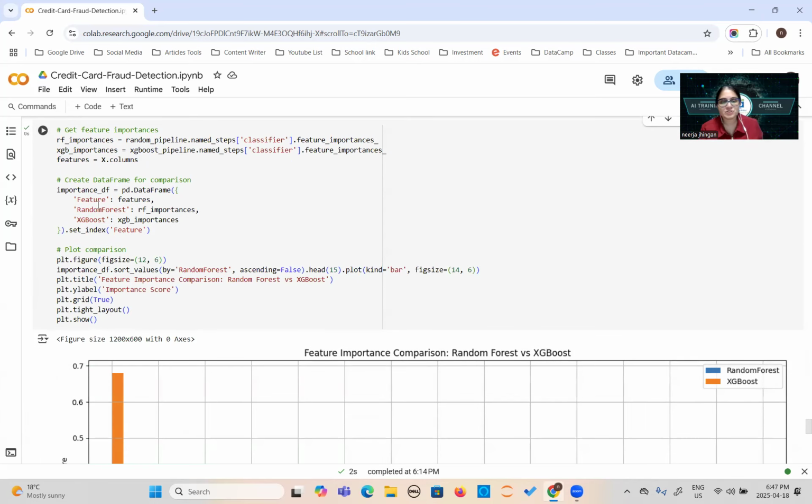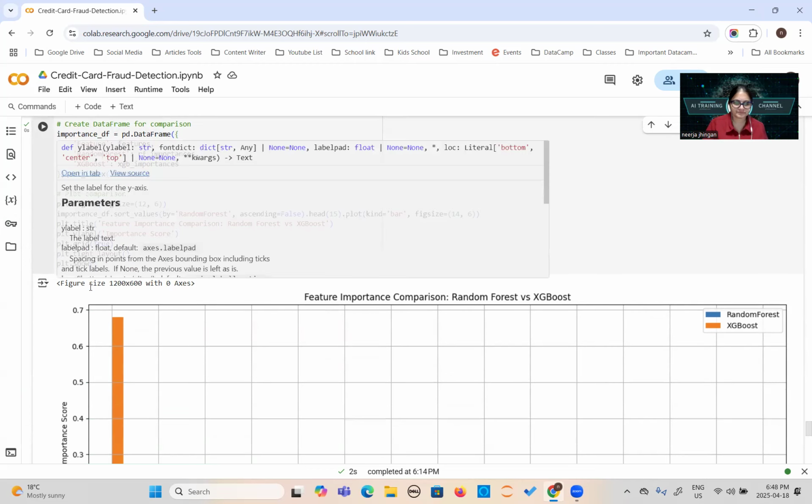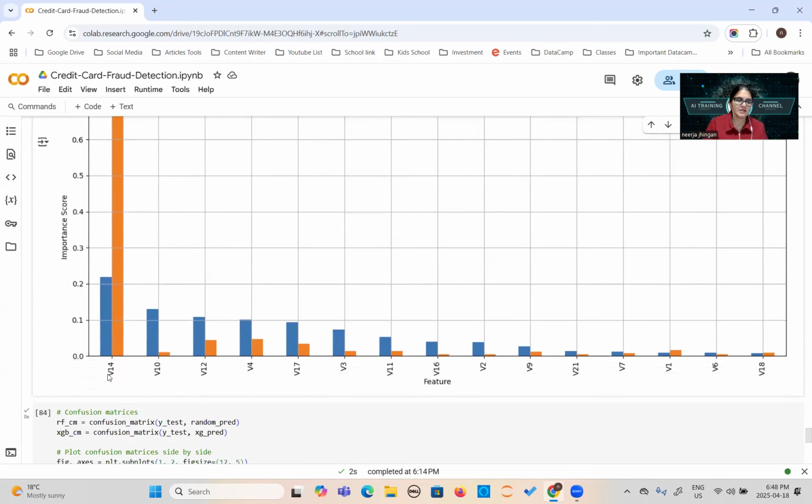First, I just wanted to show you the random forest versus XGBoost model, which model has used which feature most of the time according to the feature importance score. We are using the same named step classifier feature importance for your random forest and for your XGB classifier, and then we are just plotting the graph. Look at this.